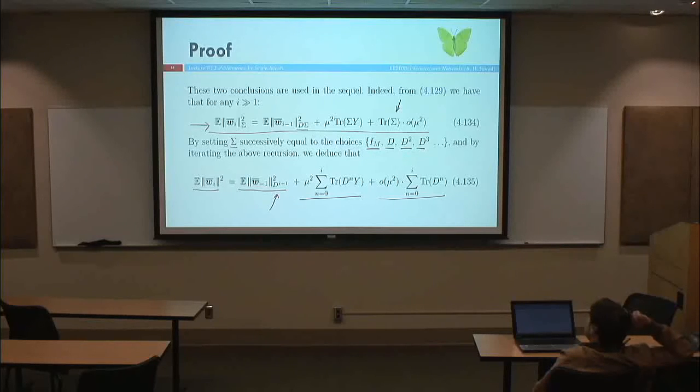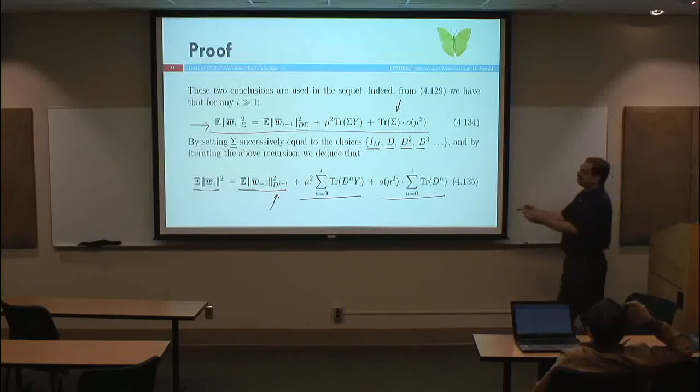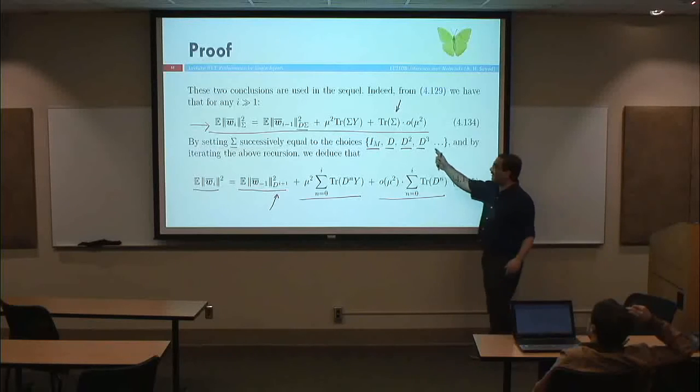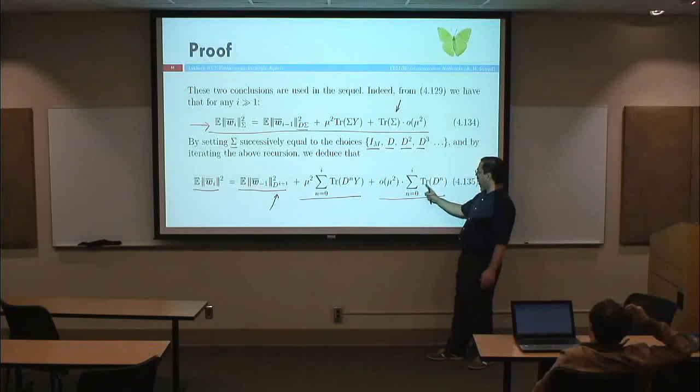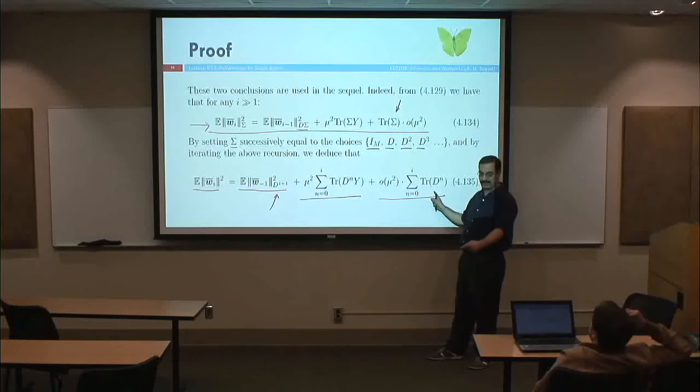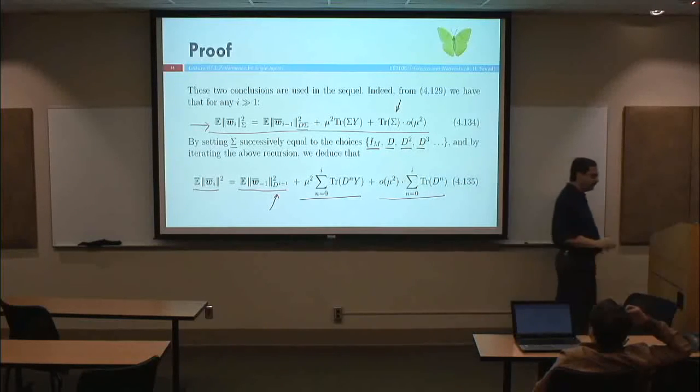Because if you embed it into the higher order term, then when you are iterating this recursion, you will end up with a sum of 1 plus 1 plus 1 plus 1. As i goes to infinity, that becomes a divergent sequence. So it masks what's really happening. If I keep it as trace of sigma, and this sigma will be I, D squared, and this sum converges, doesn't diverge. That's why I kept the trace of sigma there.